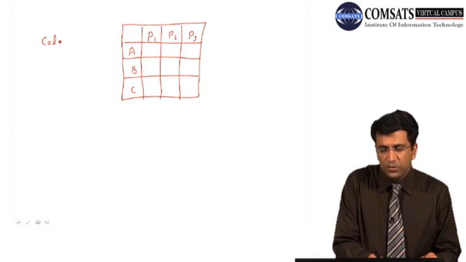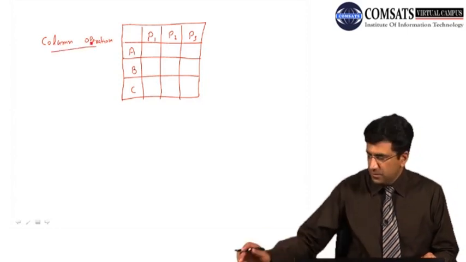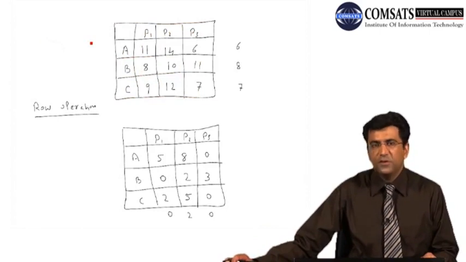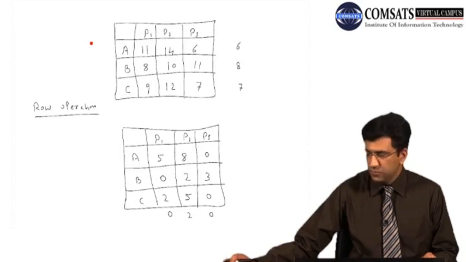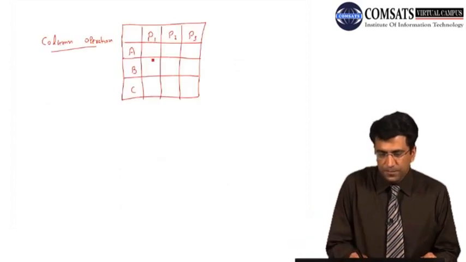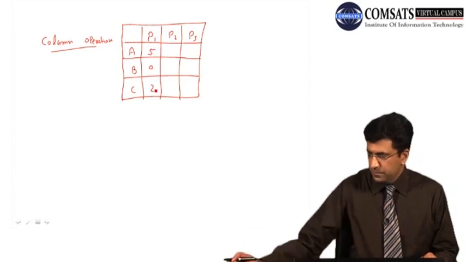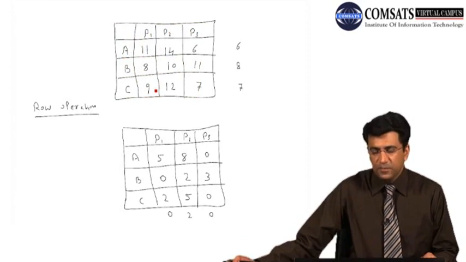This is our column operation. That is the step 2 of Hungarian method. Now class, in the first column the minimum value is 0, so if we subtract 0 the column will remain unchanged. That will become again 5, 0, 2. In the second column the minimum value is 2.